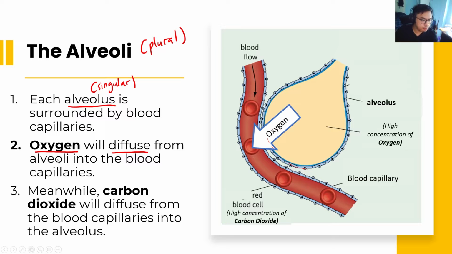Number three, meanwhile, carbon dioxide from our body, that is in our blood, will diffuse from the blood capillaries into the alveolus. This is what we mean by gas exchange. Oxygen goes in, carbon dioxide goes out. And where does this take place? This takes place in the alveoli.